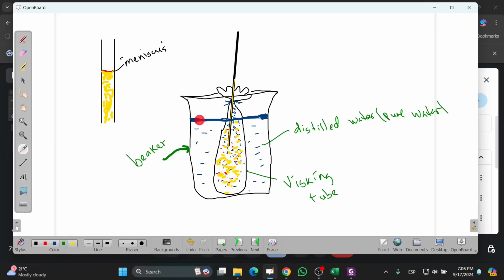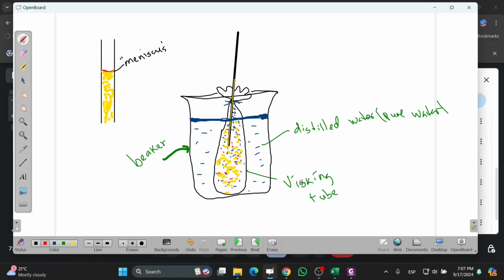And then the level of water would have decreased here, and the level of water in the Visking tube would have increased, and the meniscus would have moved upwards and probably would have overflown this capillary tube. What do you think may have happened? Well, to answer this question, we need to know about osmosis.